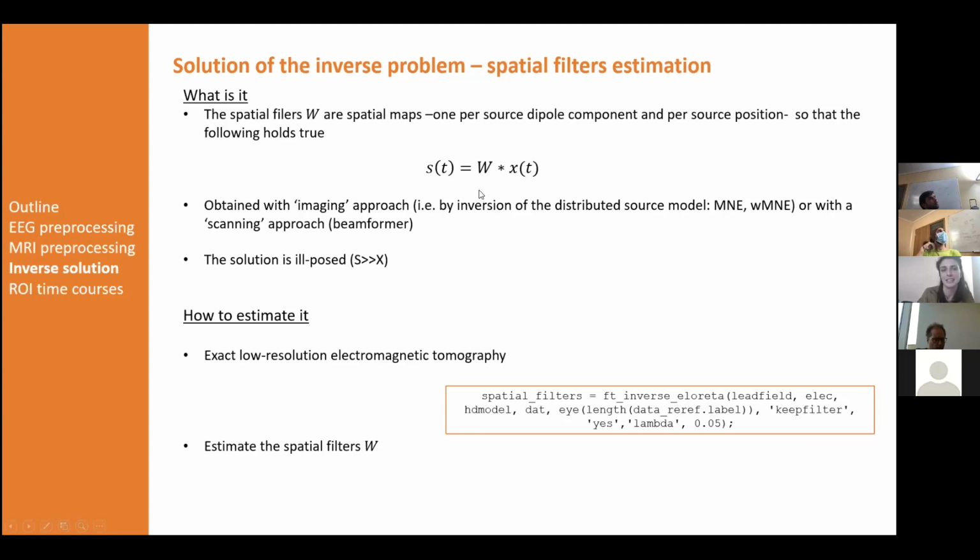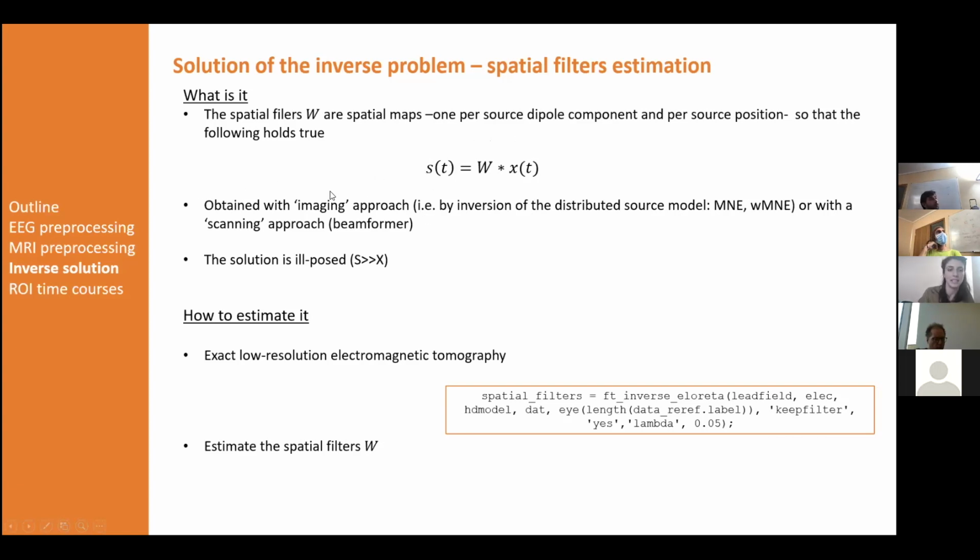W is a set of spatial maps that tell us how to go from the channel level to the source level. And we have one not only per source position, but also per source dipole component.